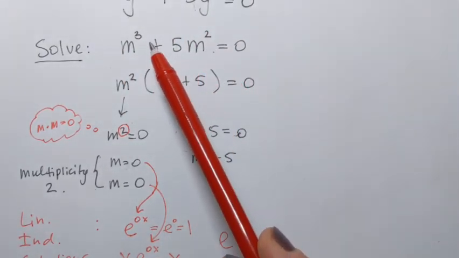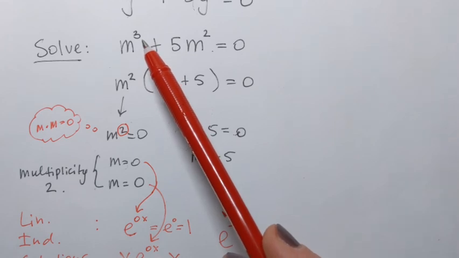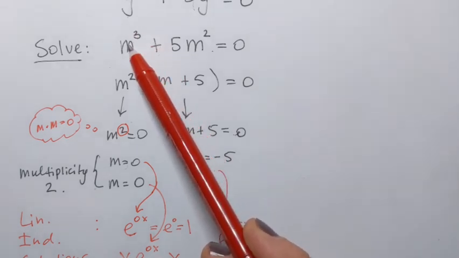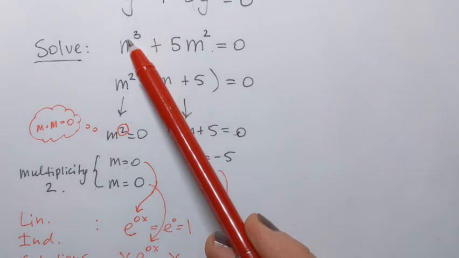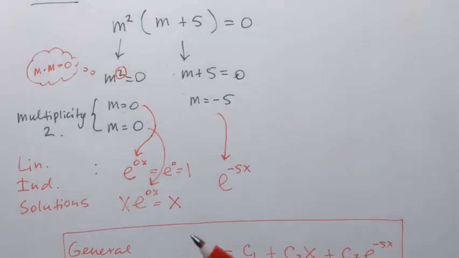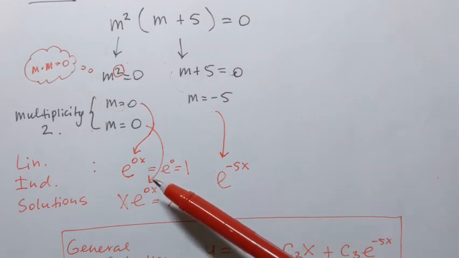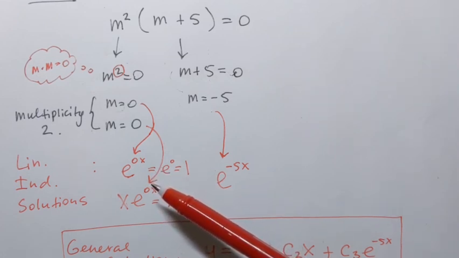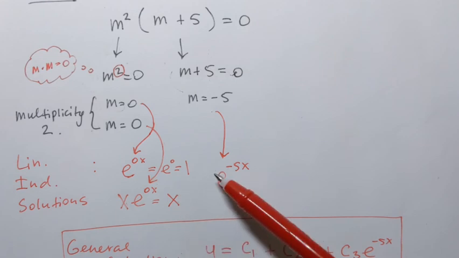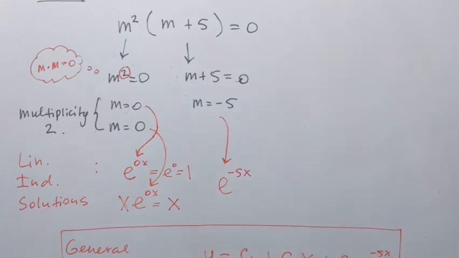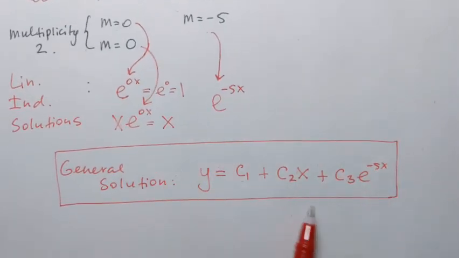Keep in mind that you'll have to end up with the same number of solutions as the degree, which is the highest power. And then from each solution that you found, you're going to obtain a specific form of the linearly independent solution of the differential equation. If you find that table helpful, please use it. And then from there, once you have linearly independent solutions, you're going to use them to form a general solution right here. So that's the answer.